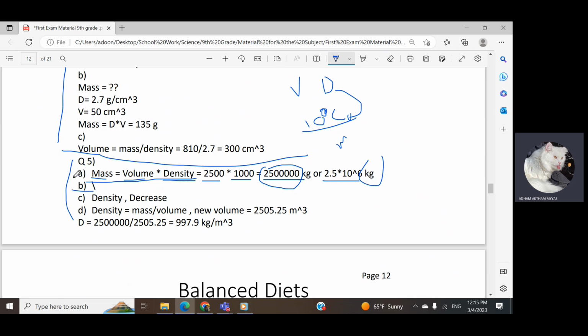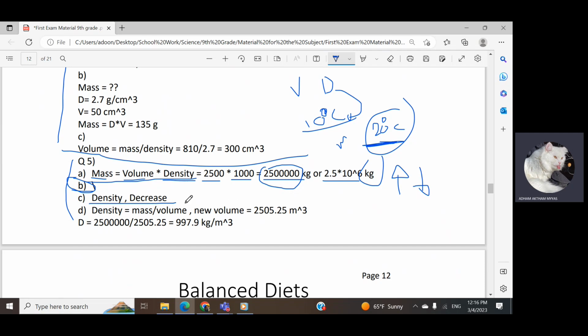Now if we increase the volume by heating the object, and he told us that the new temperature is 20 Celsius, what will happen to the density? Because the volume increased, the density will decrease.